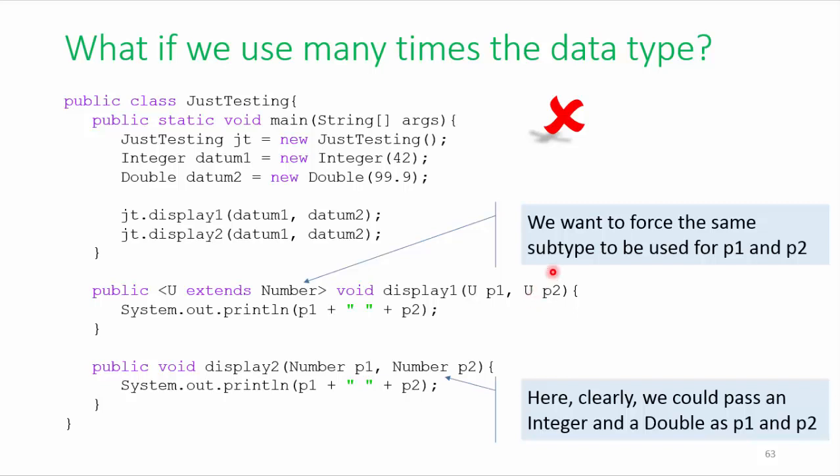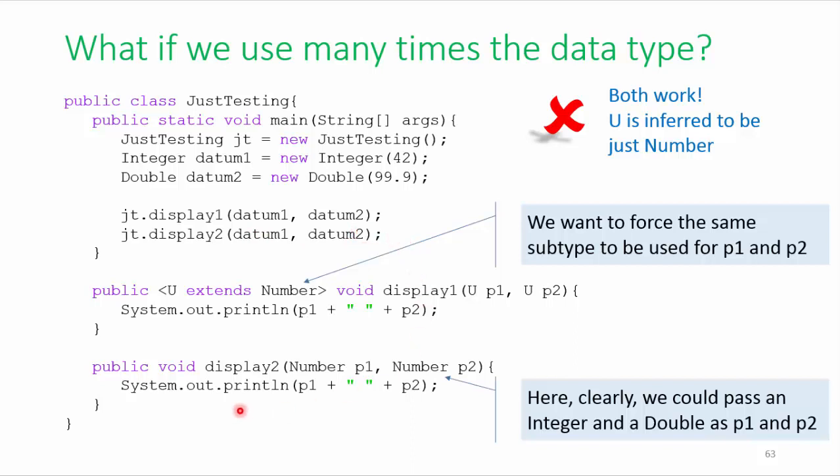Okay? Well, in this case, if we look at the static void main method, I have still my jt, datum1, datum2 references that are not changed. When I call jt.display1 with datum1 and datum2, or jt.display2 with datum1 and datum2, they still work. They still work the same way.